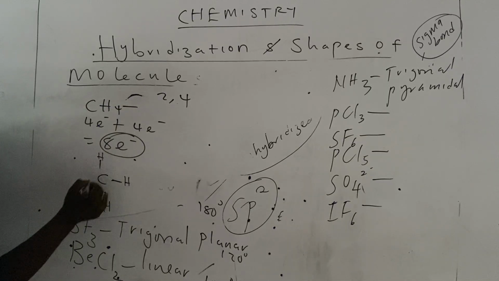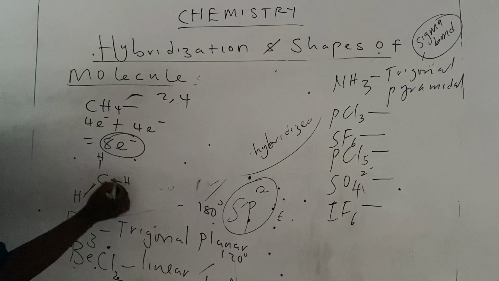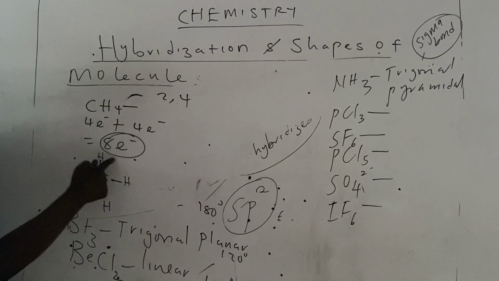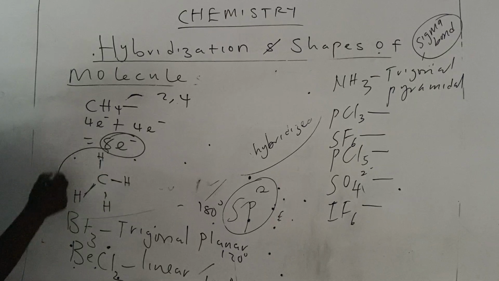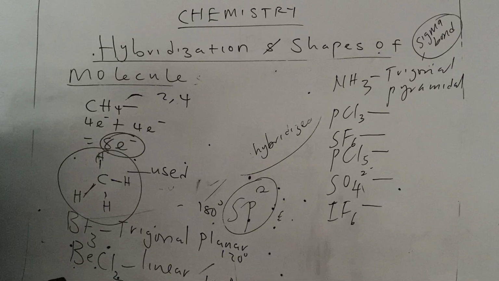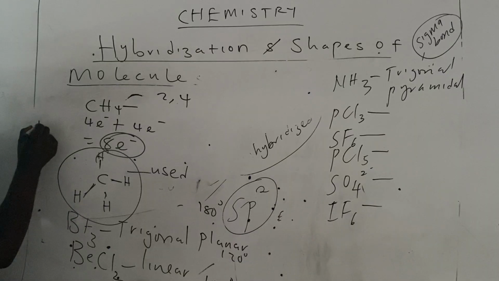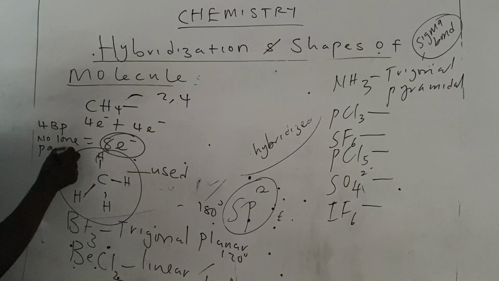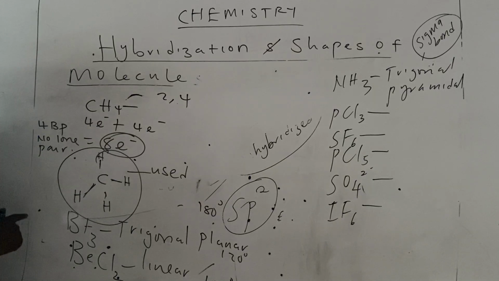Each of these represents 2 electrons. So 2 times 4, what do you have there? 8. And what do we have here? 8. That means nothing is left. Everything was used in the bonding. So here we can say no lone pair, but 4 bond pair. So here we have 4 what? Bond pair, 0 lone pair, but 4 bond pair in this place.